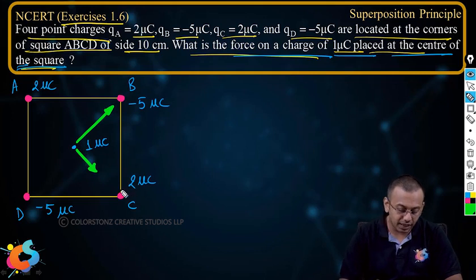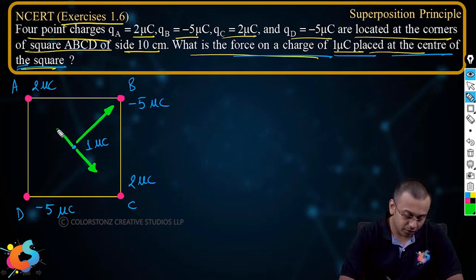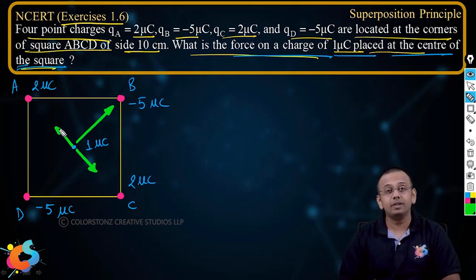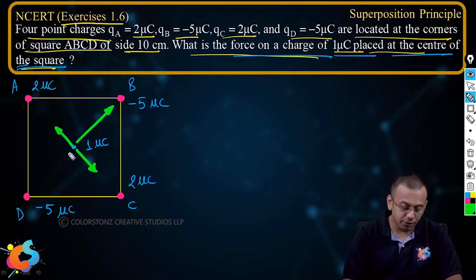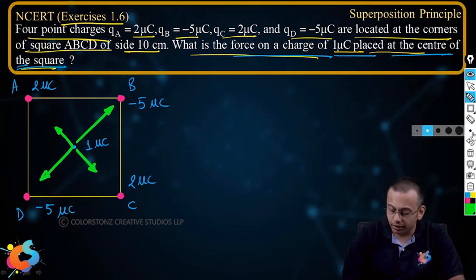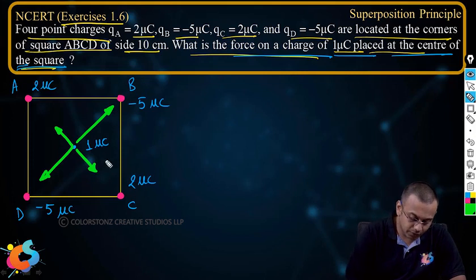Then force due to C is like this, a repulsive force again. And due to D, again an attractive force this way. So this was FA, this is FB, this is FC, and this finally FD.